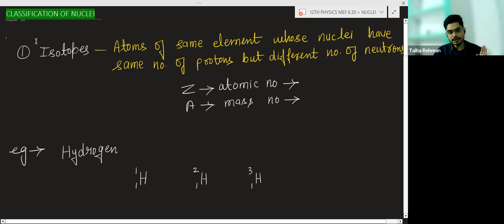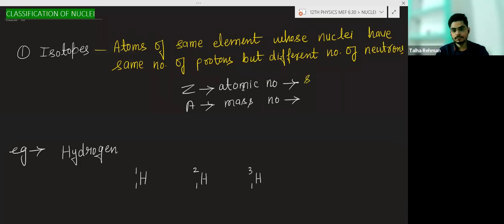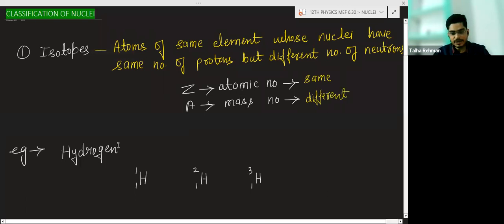So basically, in the case of isotopes, Z or atomic number will remain the same because the number of protons remains the same, and mass number will be different, because there are different nucleons. Now with this example, it will be clear.